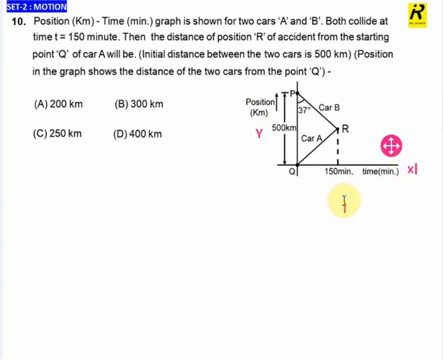So don't make confusion, it is not two-dimensional motion. So the distance they are asking is this one, this is the question mark we need.